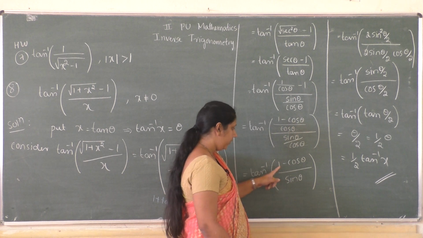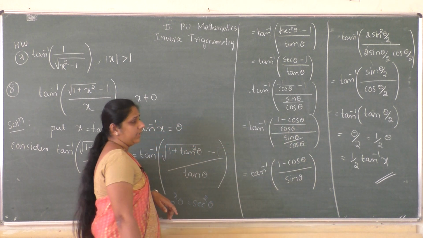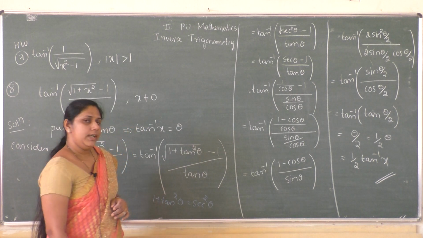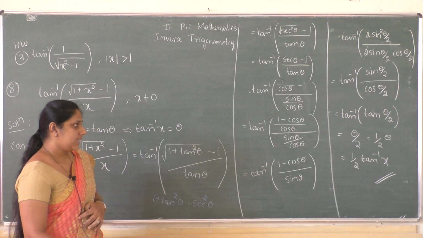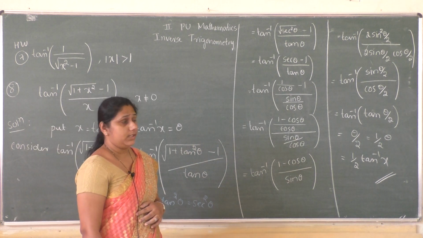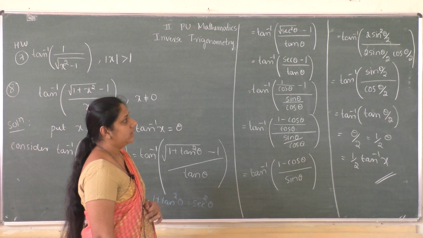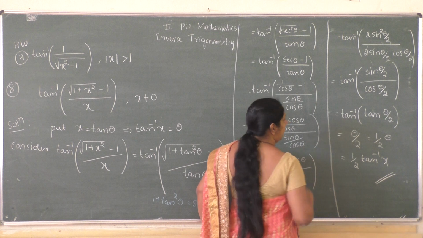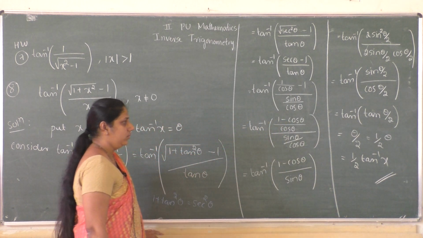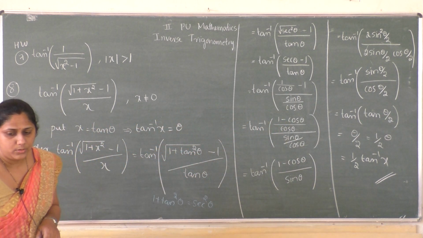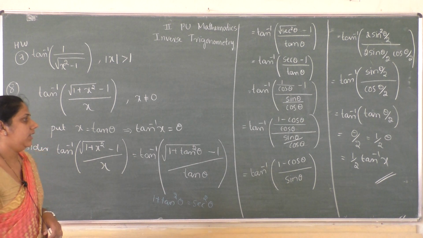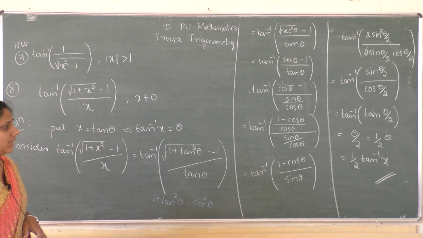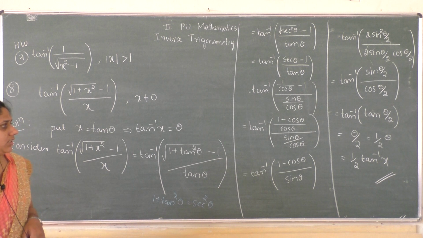Now in the place of 1 minus cos theta, apply the formula 2 sin square theta by 2, and in the place of sin theta take 2 sin theta by 2 cos theta by 2. So the 2 cancels and one sin theta by 2 term gets cancelled. So we get tan inverse of tan theta by 2, hence it is theta by 2. But what is theta? It is tan inverse x. So the required simplified form is half into tan inverse x.